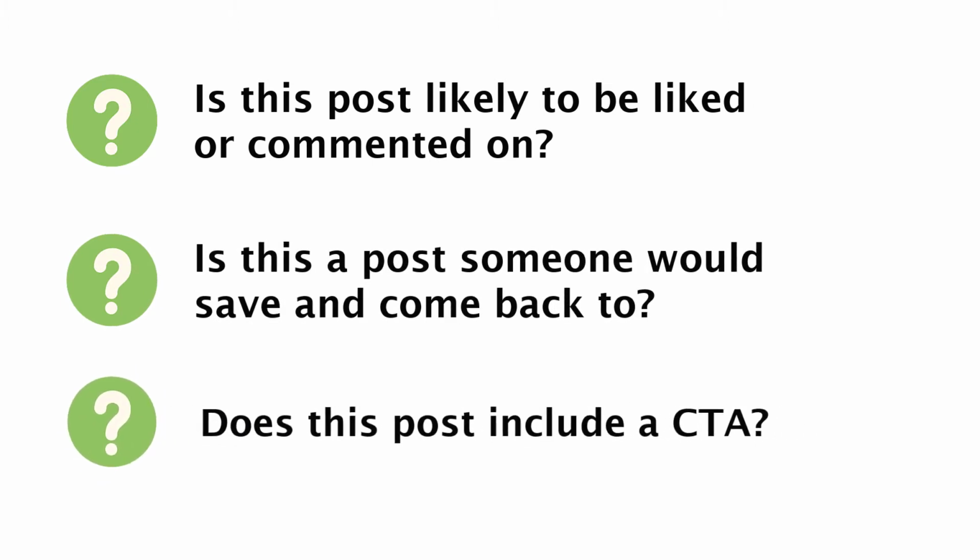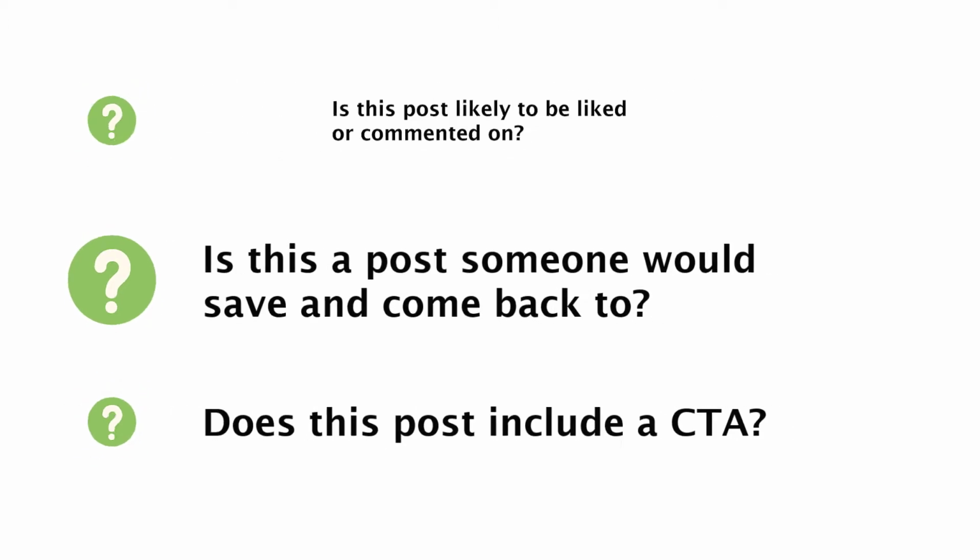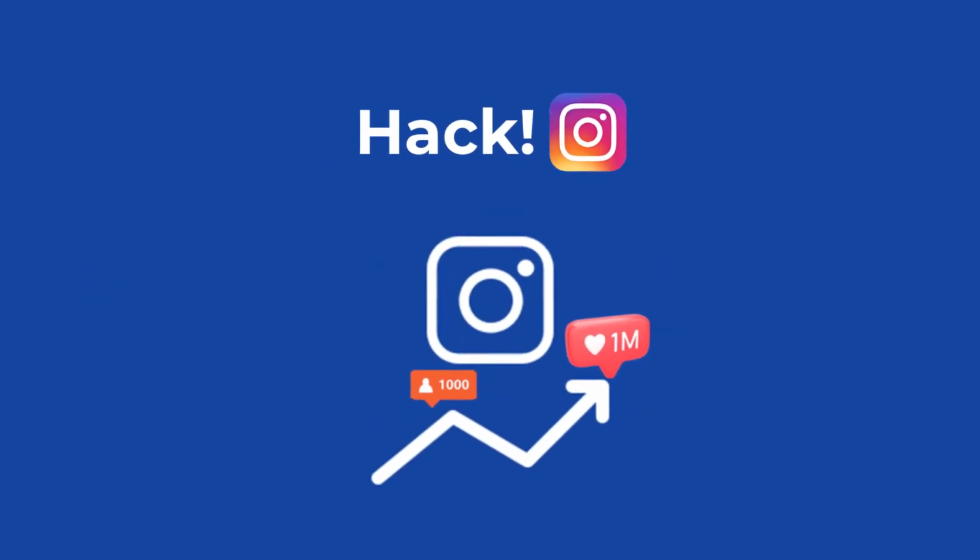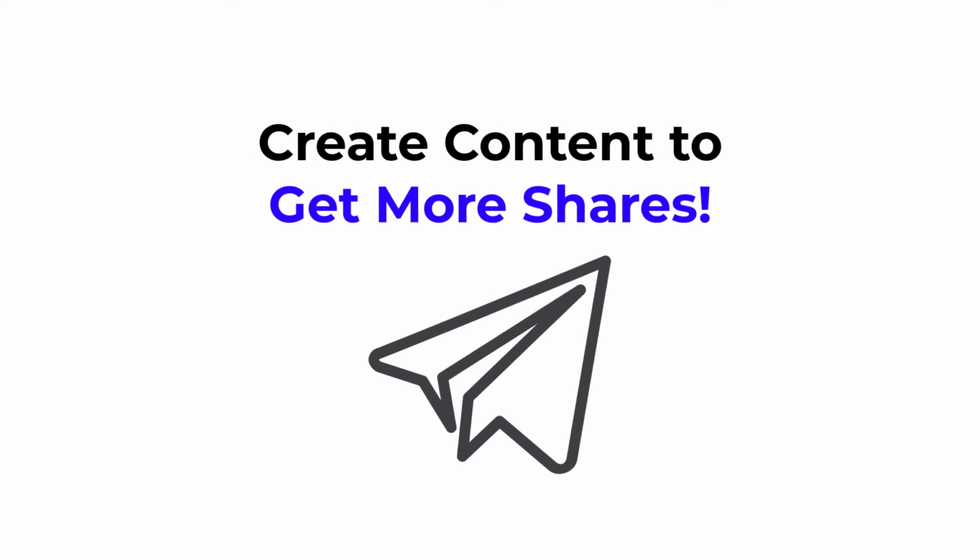Does this post include a CTA, for example, click the link in my bio, that will prompt someone to tap on your profile? Creating content that will encourage this type of engagement can help you hack the Instagram algorithm for your benefit. And while it's not listed as a key indicator, it could also be worthwhile to optimize your content for shares. If people are sharing your content, it will reach even more eyes and increase engagement.